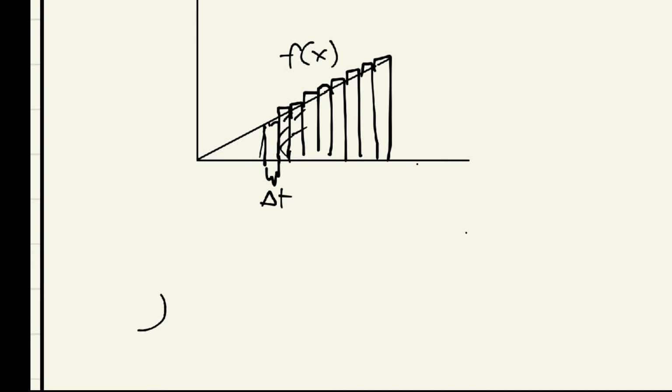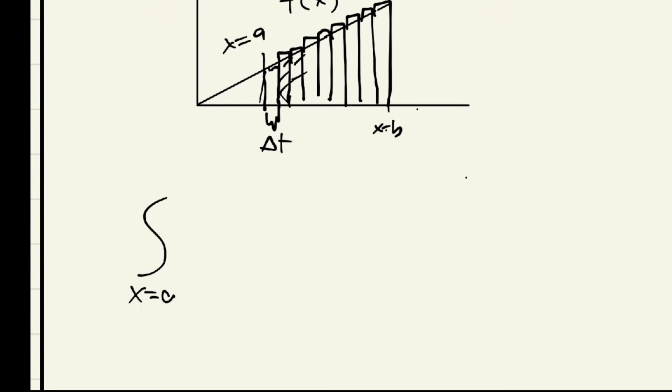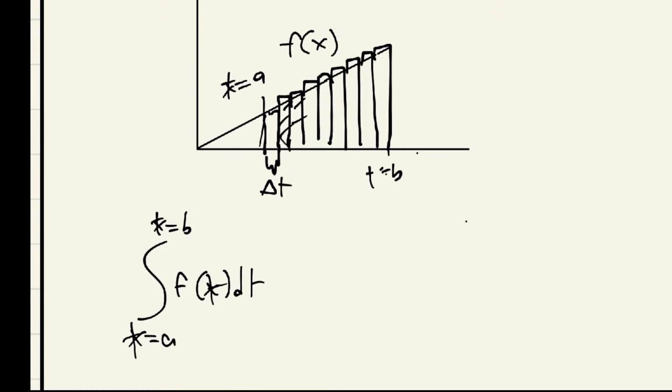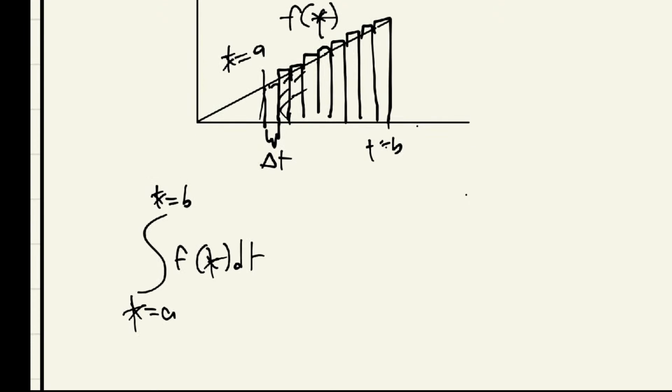And so when we say the integral, let's say this is a and this is b, x equals a and x equals b. Okay, so when we take the integral from x equals a to x equals b of f of x dt, actually, it should really be t equals b, if we want to keep things consistent. So this is a t, this is a t, and up here also t. Let's just keep our variables consistent. So it's f of t dt.